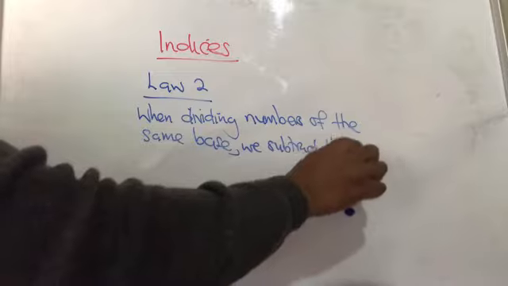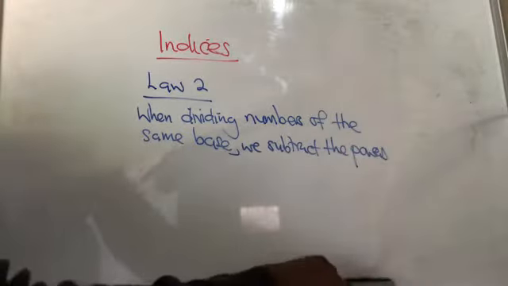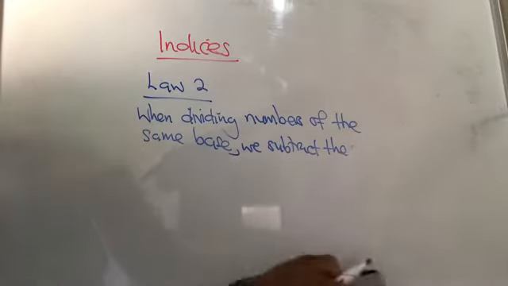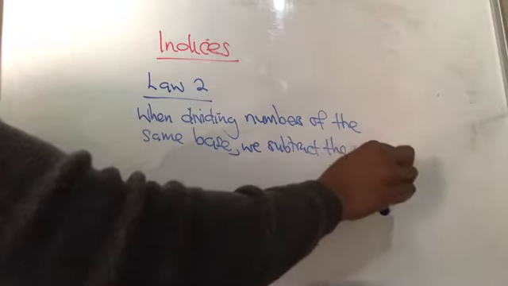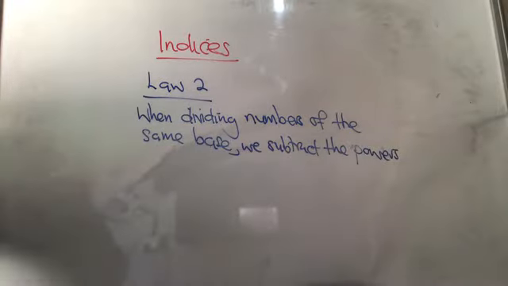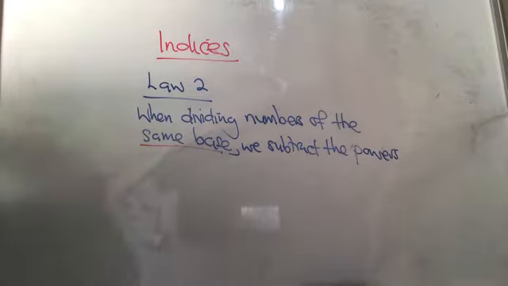We subtract the powers. I hope the spelling for powers, you can see it clearly there. We subtract the powers. Right. I'm going to highlight the keywords same base and subtract.